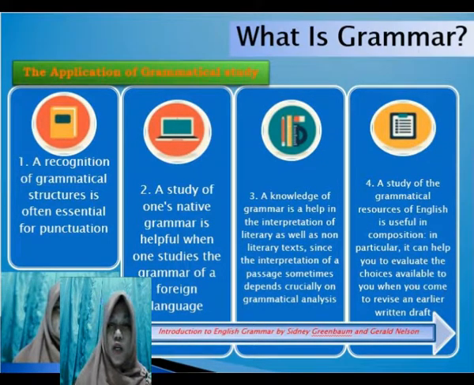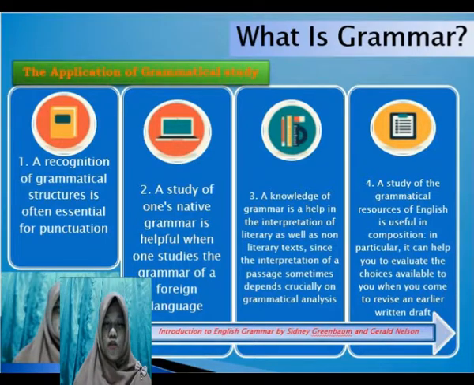The second one is that a study of one's native grammar is helpful when one studies the grammar of a foreign language. The third one is that a knowledge of grammar helps in the interpretation of literary as well as non-literary texts, since the interpretation of a passage sometimes depends crucially on grammatical analysis.